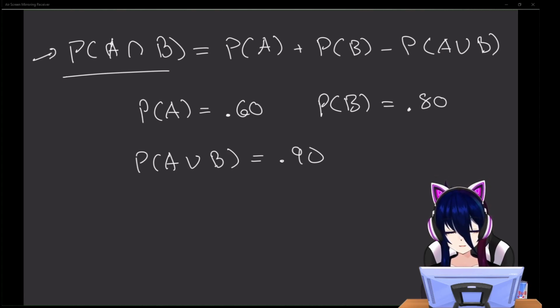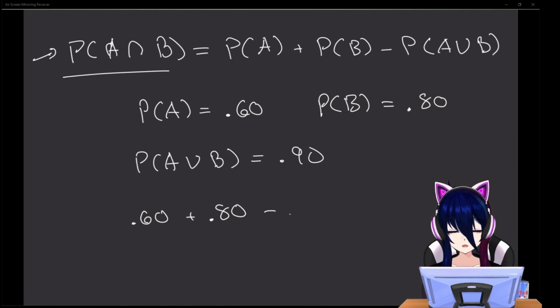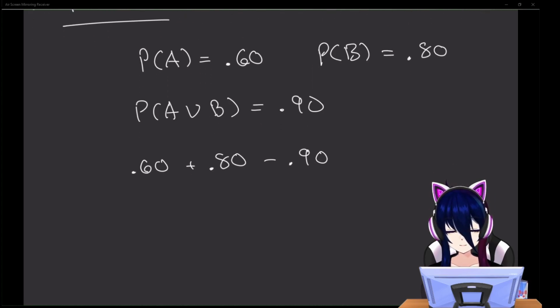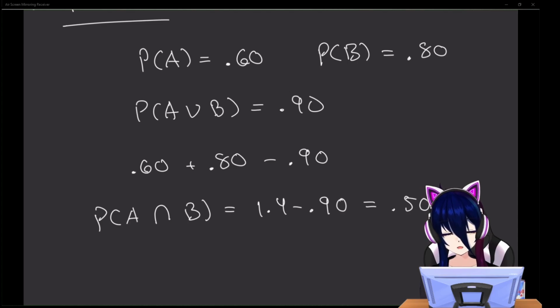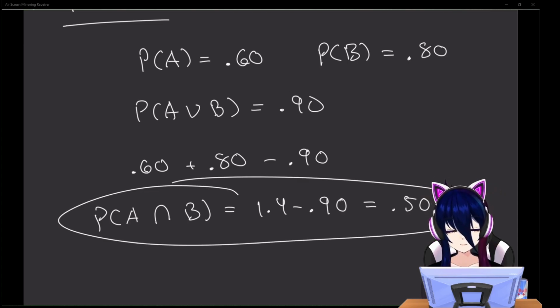We get 0.6 plus 0.8 minus 0.9. That gives us that the probability of the intersection is 1.4 minus 0.9, which gives us 0.5. Exactly half of the space is taken up by this intersection.